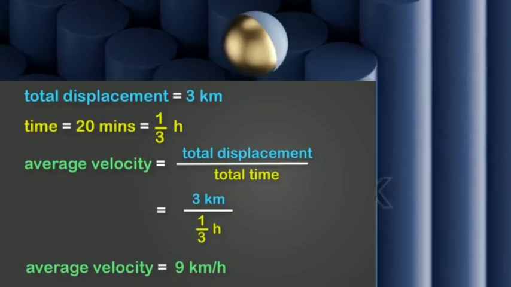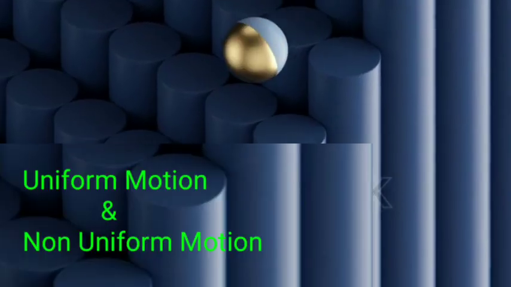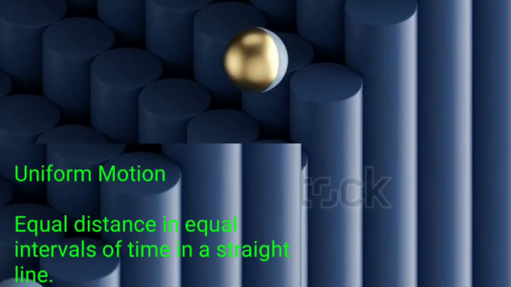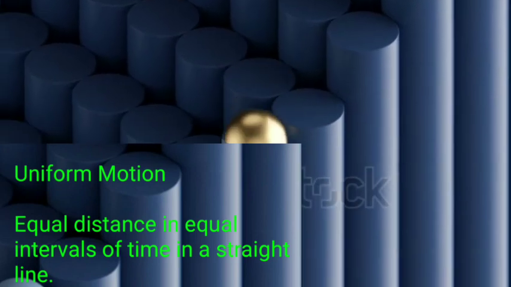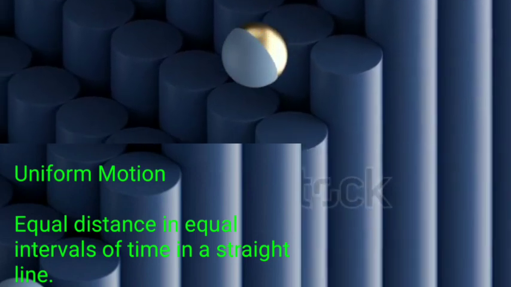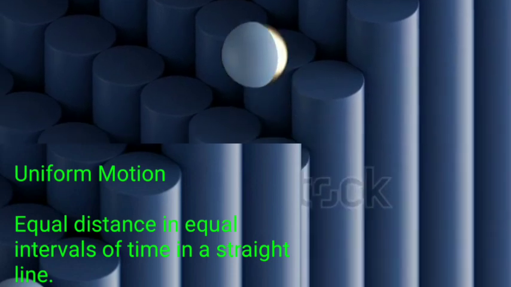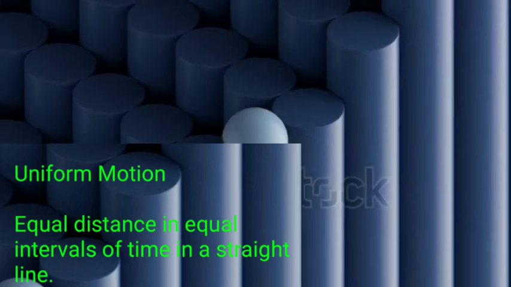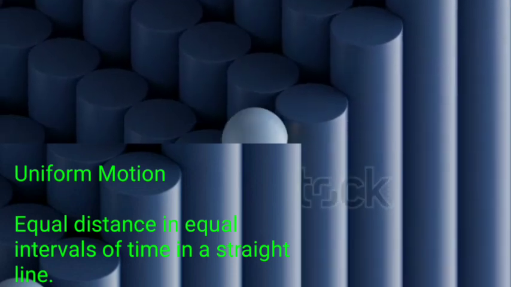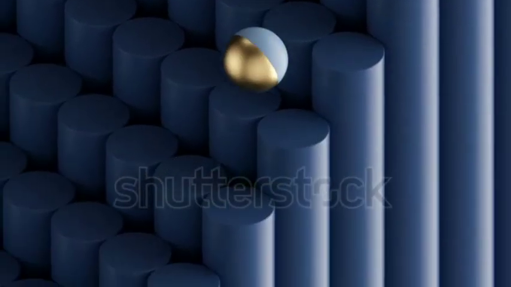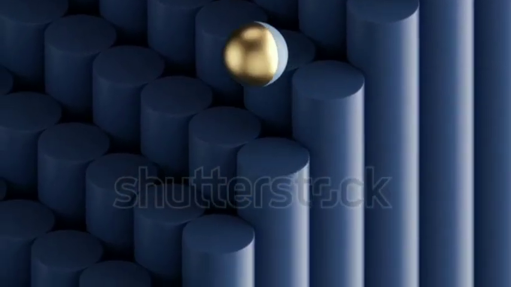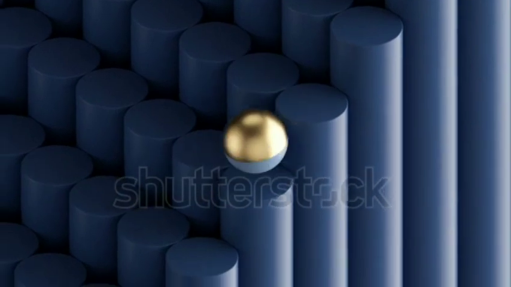Now let us talk about uniform and non-uniform motions. A body is said to be in uniform motion when it is traveling equal distances in equal intervals of time and in a straight line. Now what does it mean? Let us take a time interval of 1 second.